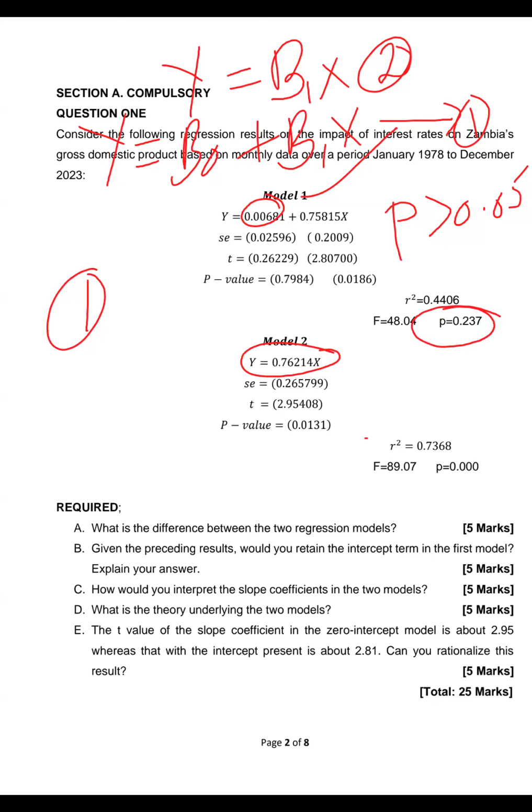The model is not correctly specified. Those are differences, right? But when you check model 2, the p-value is 0, which is less than 0.05. Model 2 is correctly specified. You see, this is exactly 0, which is actually less than that.